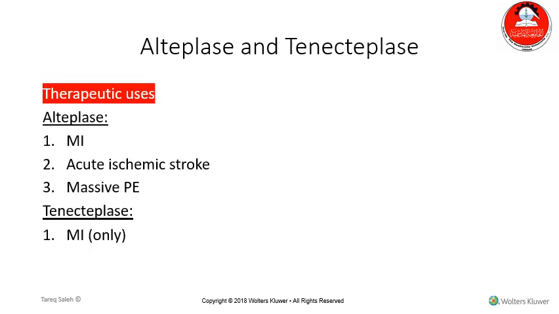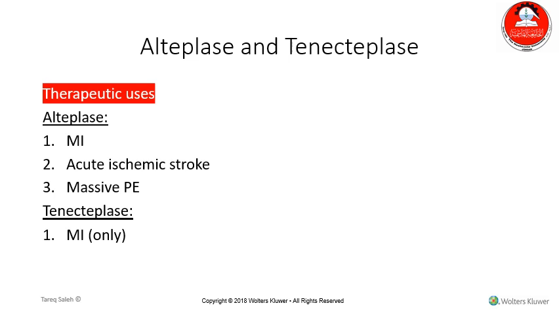So, as we mentioned before, these drugs are used for the treatment of several thromboembolic disorders, such as myocardial infarction and cerebrovascular accident. We said that we don't use them frequently for the treatment of pulmonary embolism, but you can consider the use of alteplase in cases of large, life-threatening emergent pulmonary emboli.